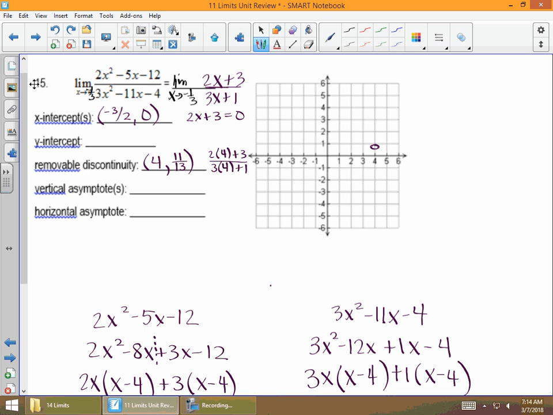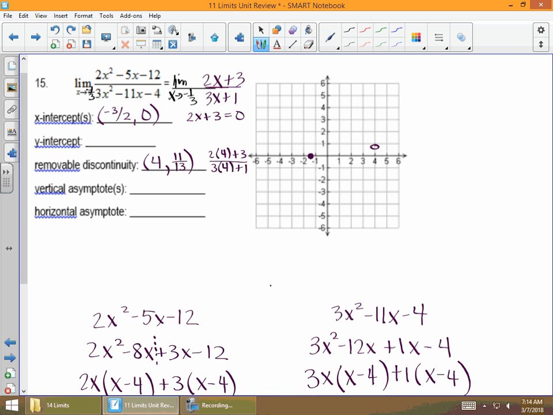You can have more than one x-intercept, just like you can have more than one horizontal or vertical asymptote. Set your numerator equal to 0. So I'm going to go ahead and plot that point. Negative 3 over 2, so it's negative 1.5, 0.